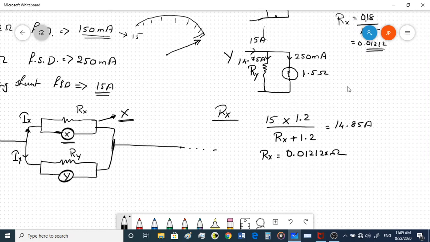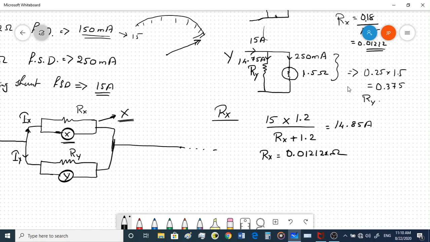Now similarly, if we calculate what is the resistance Ry, you can find what is the voltage in this branch, right? That is equal to 250 milliamperes into 1.5. So 0.25 into 1.5 will come out as 0.375.